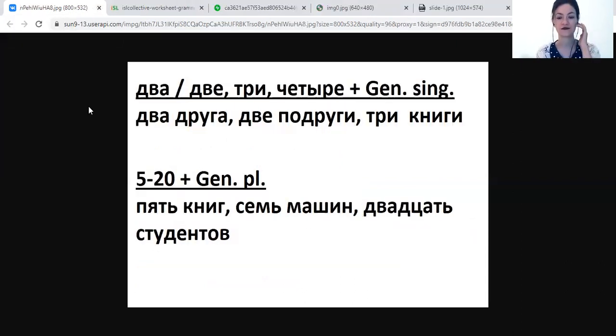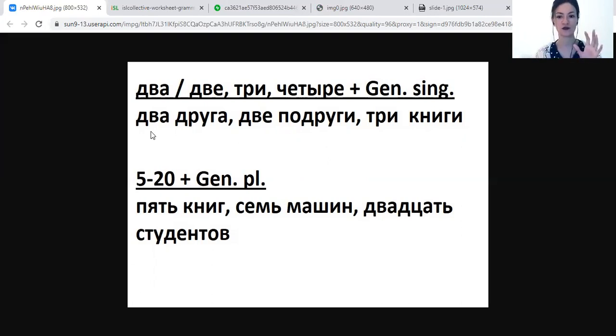And I was talking about cases. After два, три, четыре, you always have to use genitive singular. So if you want to say, for example, two male friends, you would say not два други.